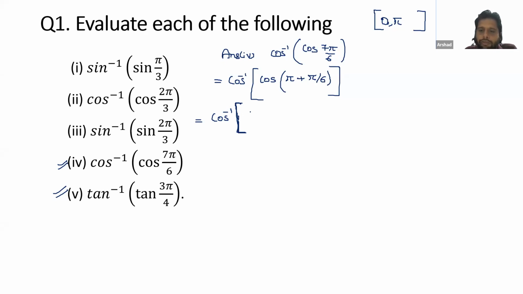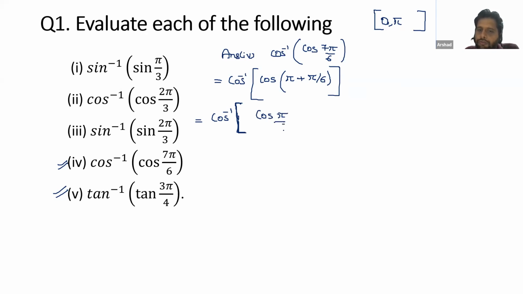No, that's not correct. No, minus. I already told you about this. These are the 11th formulas. Please remember these formulas. I already told you that in case of pi, there is no change. You will get a cos.